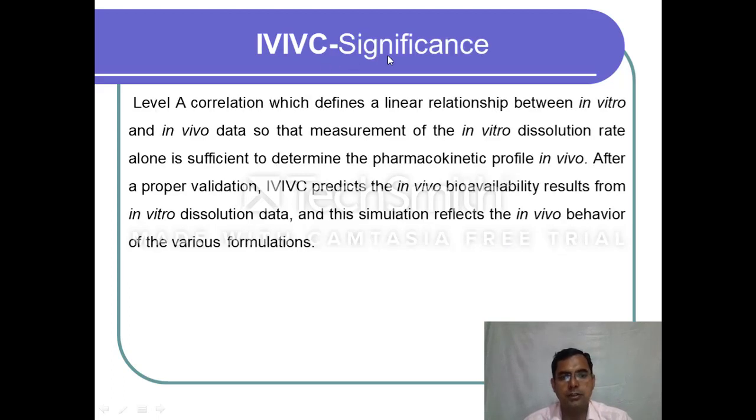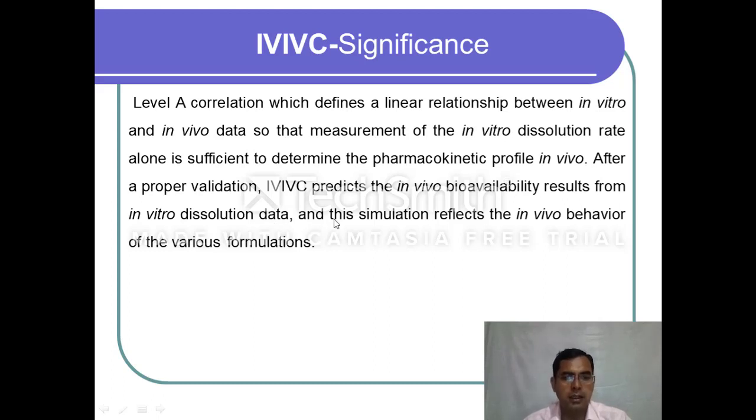Now, what is the significance of in vitro in vivo correlation? Level A correlation defines a linear relationship between in vitro and in vivo data, so that we can measure the in vitro dissolution rate alone to determine the pharmacokinetic profile in vivo. After proper validation, in vitro in vivo correlation predicts the in vivo bioavailability results from the in vitro dissolution data. It is very significant.